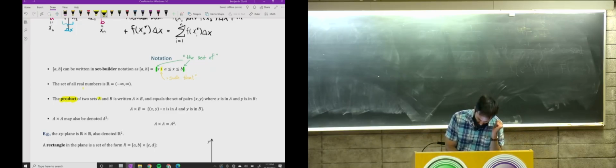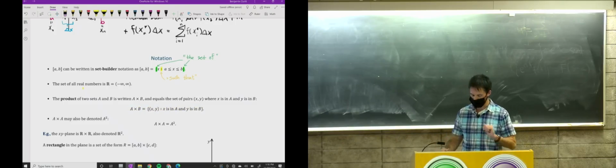The product of two sets A and B, written A, then with a multiplication times symbol, and then B, is the set of coordinate pairs x, comma, y, where x is in A and y is in B. So in set builder notation, I could write that as the product of A with B is the set of pairs x, comma, y, where x is in A and y is in B.